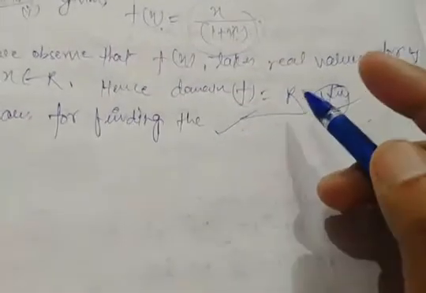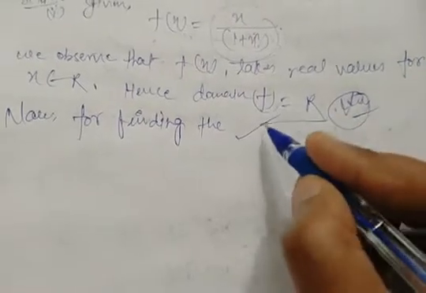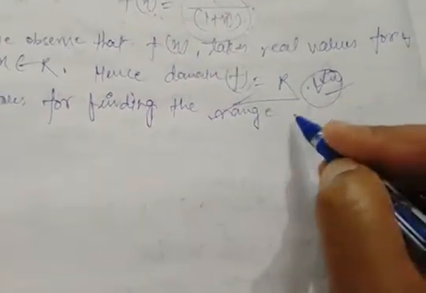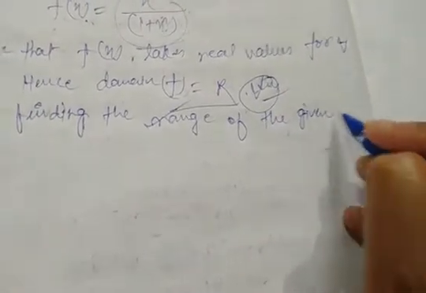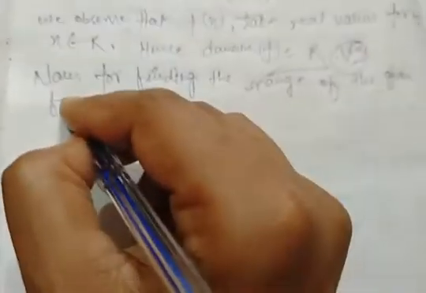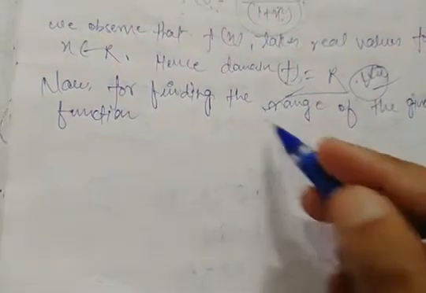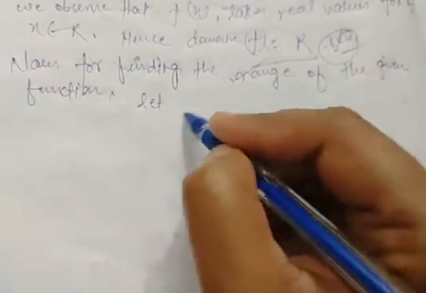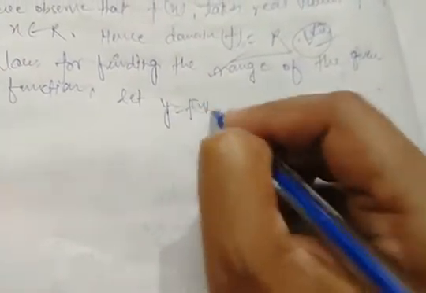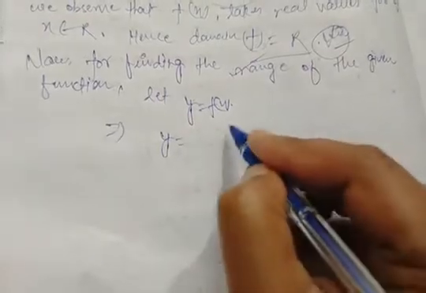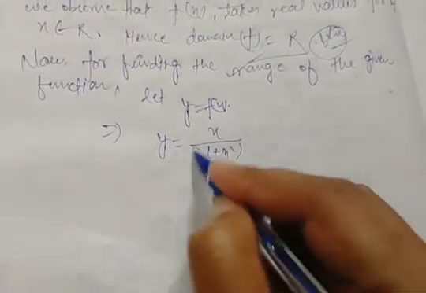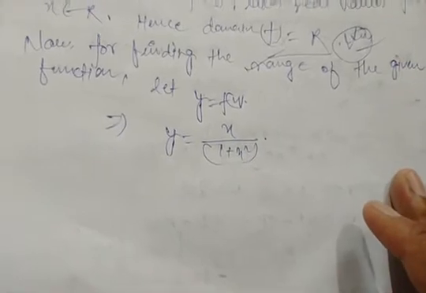Then we have y is equal to x upon 1 plus x square.